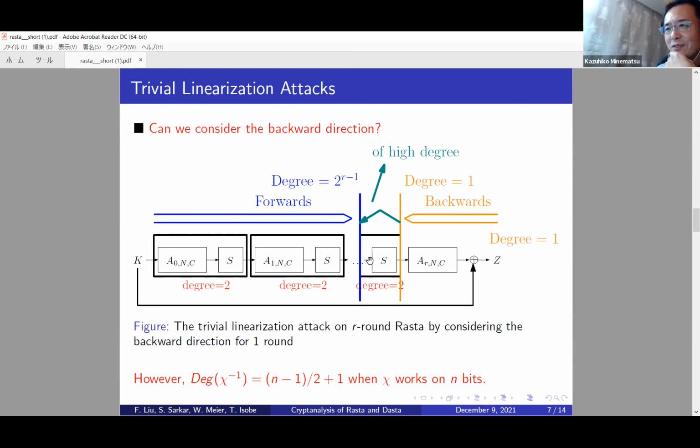That's an interesting point. It's an attack on the Rasta family, the Rasta-like family. But we may also consider the case where there is no feed-forward operation and we only truncate some output bits. The attack may not work, but I'm not sure whether we can use some other techniques to obtain low-degree equations.